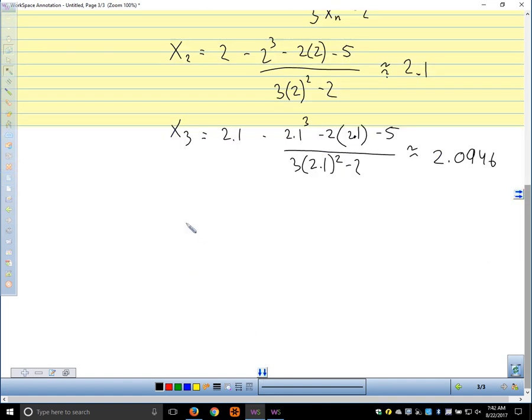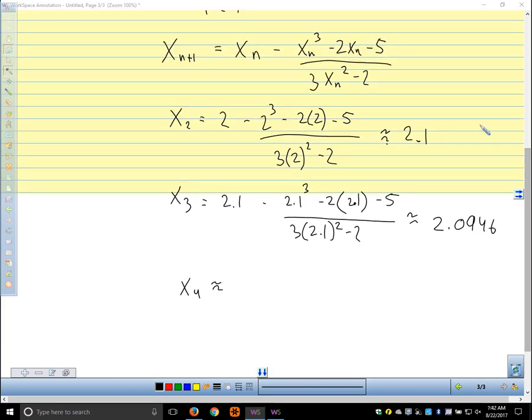I'm not going to write out the next one, but we would see that if we do one more approximation with this 2.0946 plugged in here, we would get that x sub 4 is about 2.0946 also. So this would be our approximate zero of that function. Yeah?